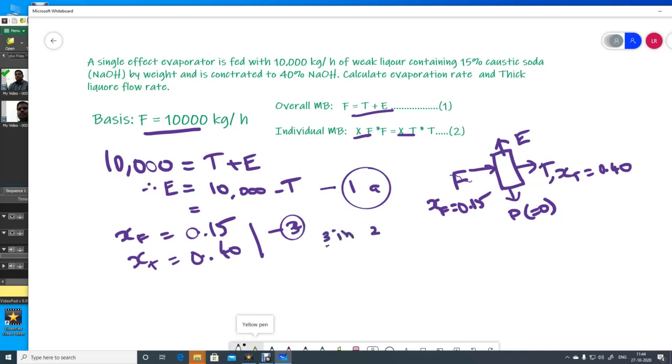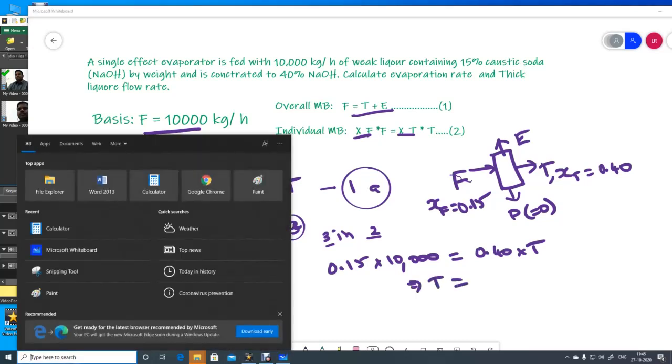So we can write the given data: XF equal to 0.15, XT equal to 0.4, F equal to 10,000. If we substitute these values in equation number 2, we get 0.15 multiplied by 10,000 is equal to 0.40 into T. On simplification, please use your calculator to get the value in kg per hour.